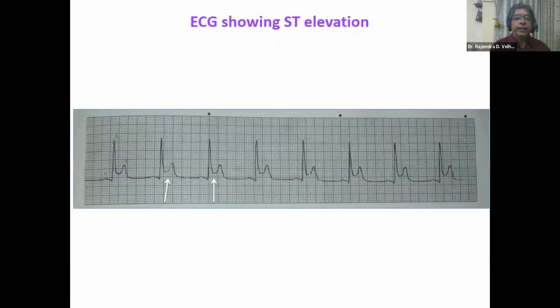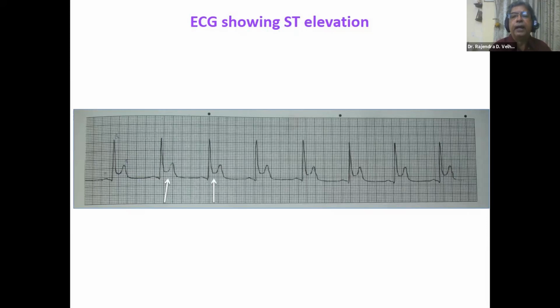Now, in this ECG, you can find that the ST segment is elevated by more than 2 blocks, and this is the baseline. So there is a significant elevation of the ST segment above the baseline. Whenever you see an elevation of the ST segment by 1.5 block or more, what conditions can you think of?